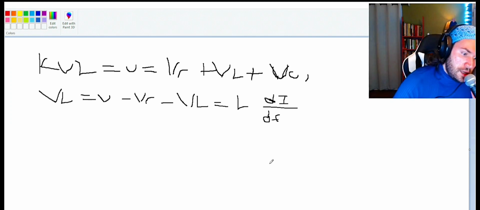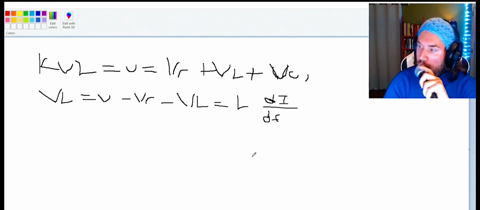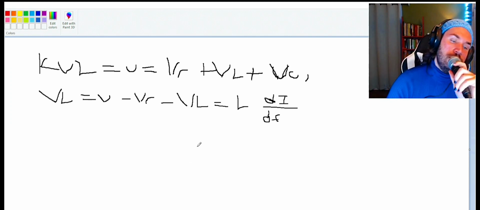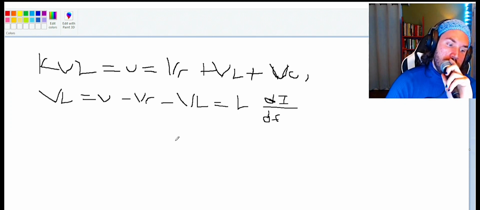So that's basically saying that given the input u equals the resistor voltage plus the inductor voltage plus the capacitor voltage.